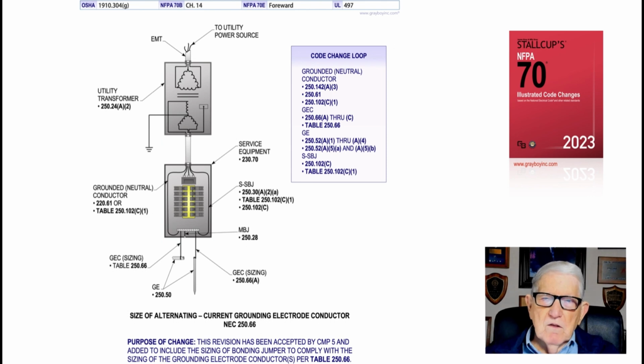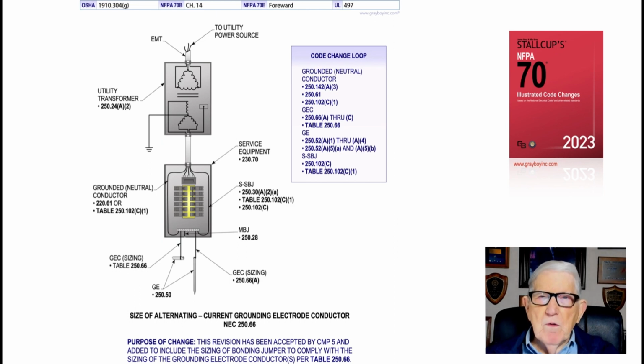Look at the grounding electrode conductor sizing, where it's connected to the metal water pipe. Now, we would go over to Table 250.66 on page 149, and if we had 4 alt conductors terminating in a 225 main in that panel board, then it would need to be number 2.